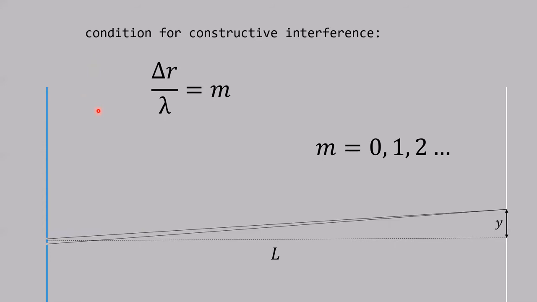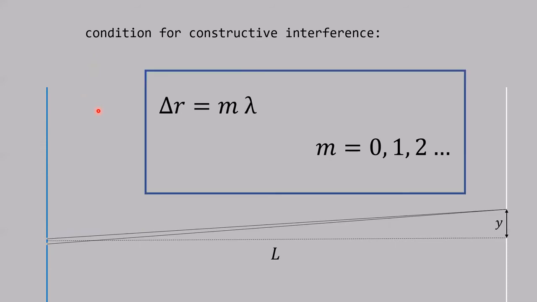And this is the simple condition that I should have emphasized a little more in previous presentations. If the inherent phase difference, delta phi sub 0, is 0, then the condition for constructive interference becomes really simple. It merely says that the path length difference has to be an integer multiple of wavelengths.